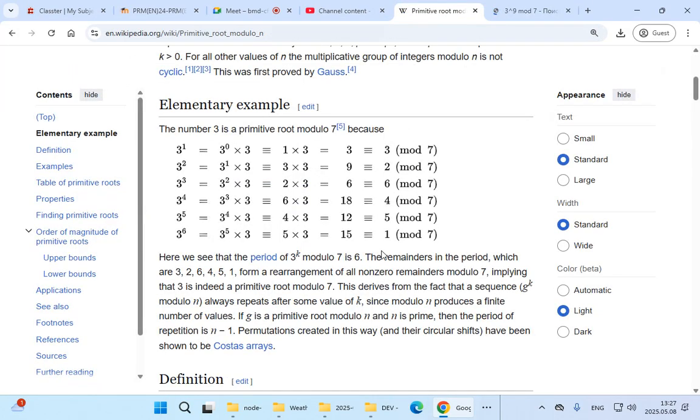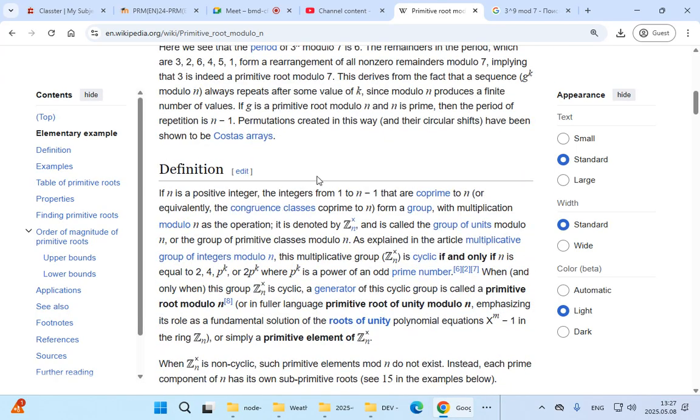You see, they repeat. Do you understand? They repeat all the time.